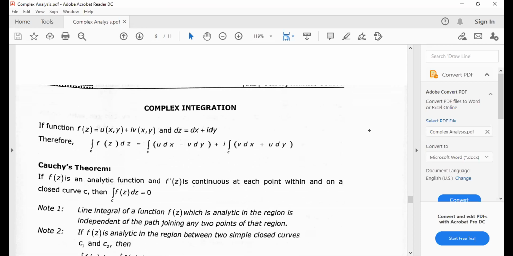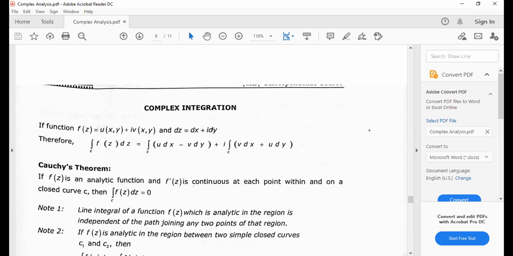It is very difficult to apply complex integration directly to complex valued functions. That's why we are going to study a few standard theorems, and based on them we will try to evaluate the integrations.